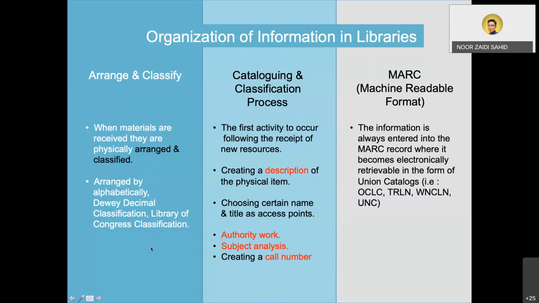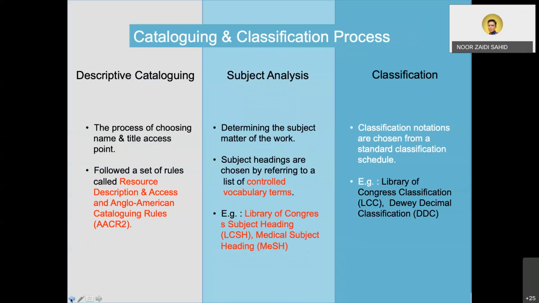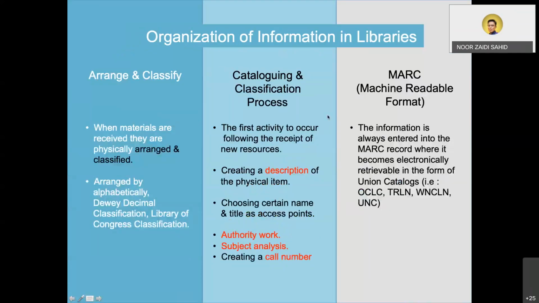Pernah dengar AACR and RDA? Pernah? Tak pernah? So nanti kita akan go in detail. And in description process, you need to choose certain names and title as the access point.